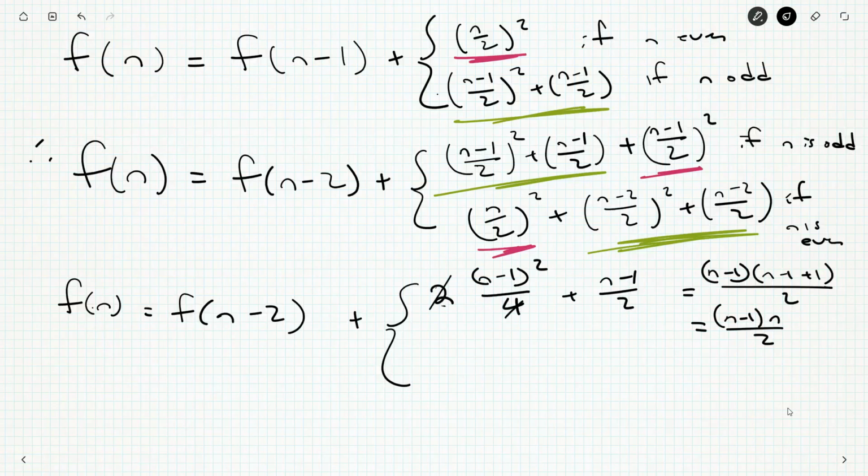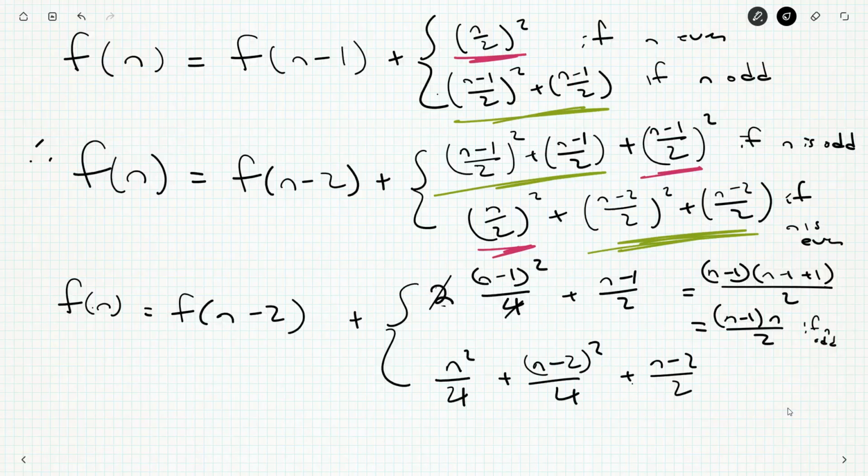Now this bottom one is n squared over 4 plus (n minus 2) squared over 4 plus (n minus 2) over 2. Somehow I want to make that n times n minus 1. So that'll be n squared plus n squared minus 4n plus 4 all over 4 plus 2n minus 4.